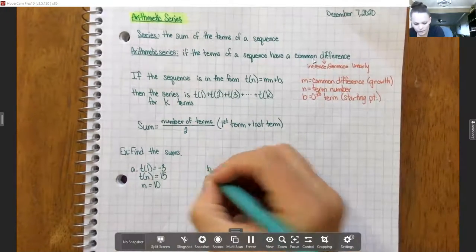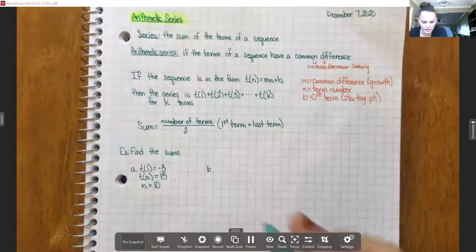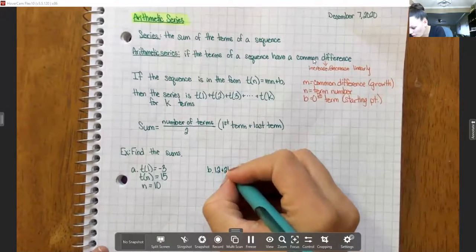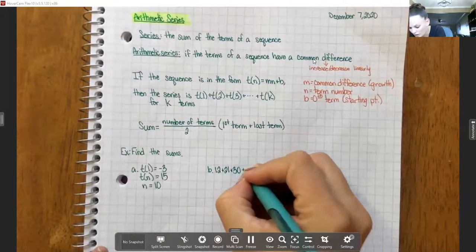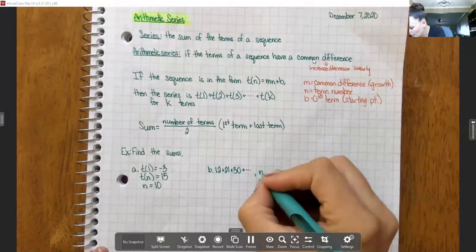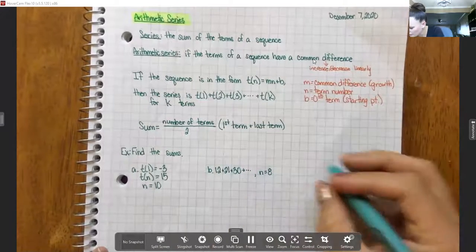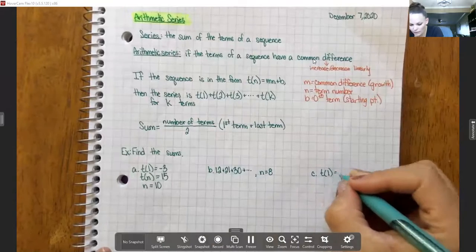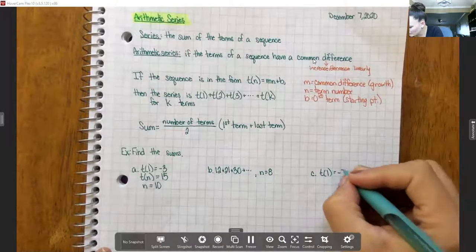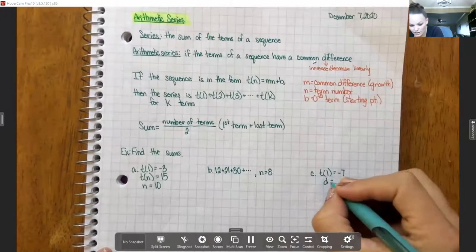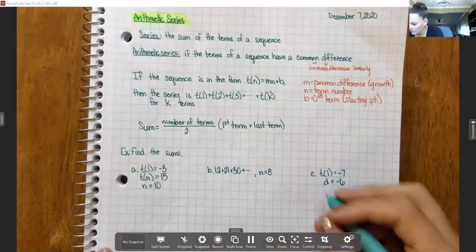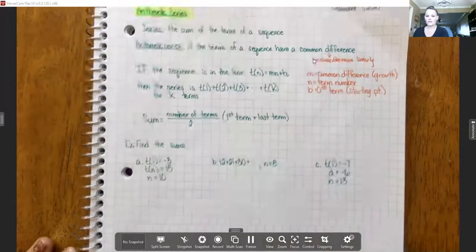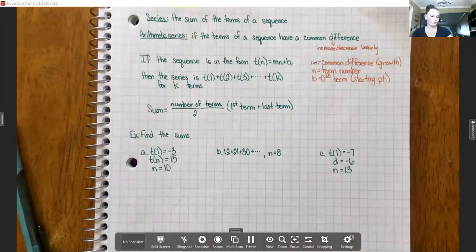I'll just write out, we're going to do 3 of these. So B is going to be 12 plus 21 plus 30 plus ... and I'm going to tell you that n is equal to 8. And C, T of 1 equals -7, d equals -6, and n equals 13. So you can see all of these look a little bit different.